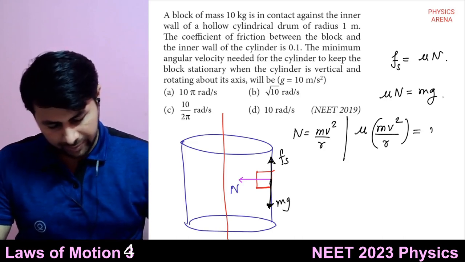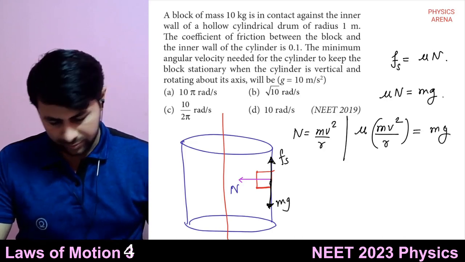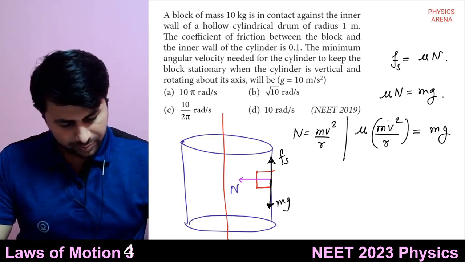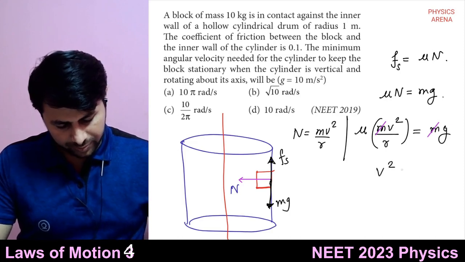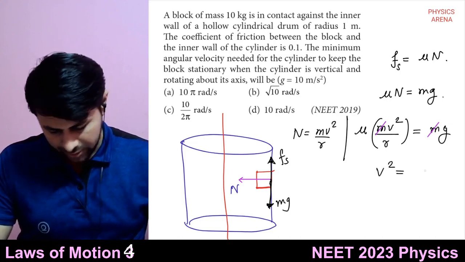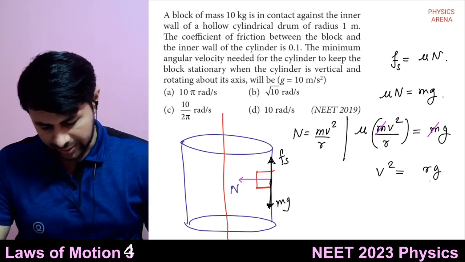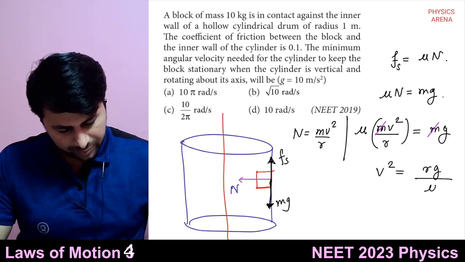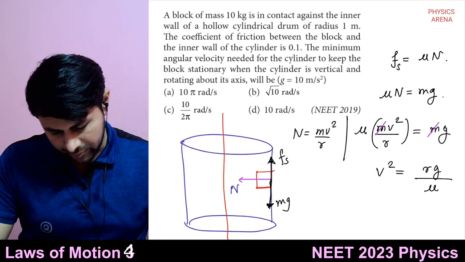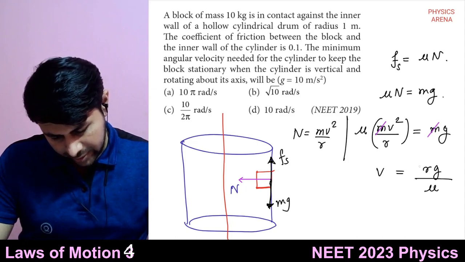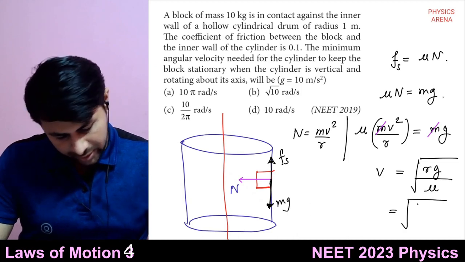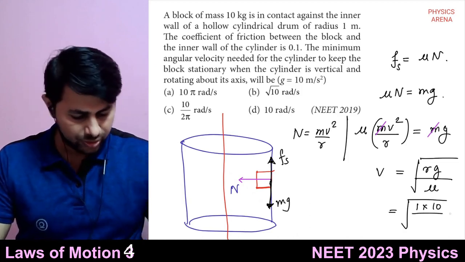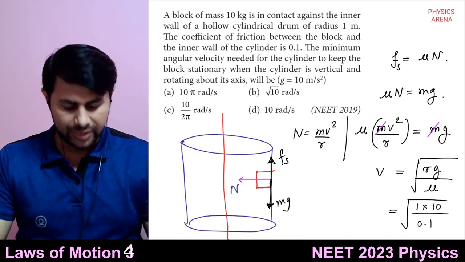So m and m get cancelled out and you get v square is equal to Rg divided by mu. Let's put the values. So v is equal to the square root of that. Radius is 1, g is 10, mu is 0.1. So square root of 100, so v is equal to 10.